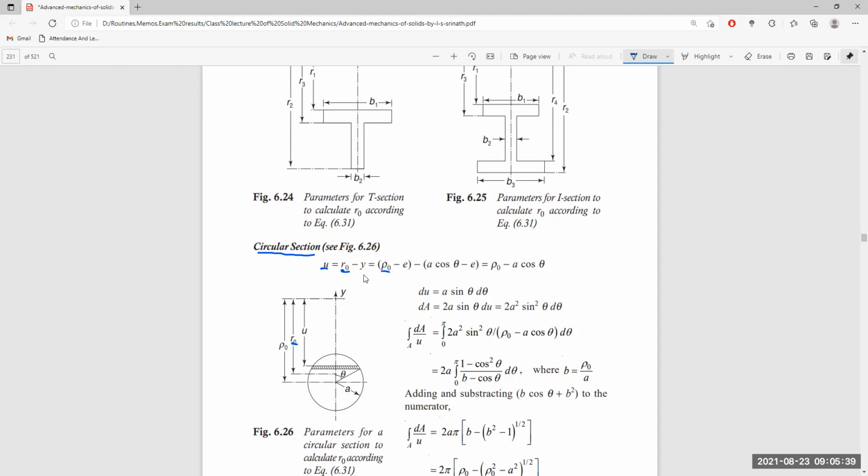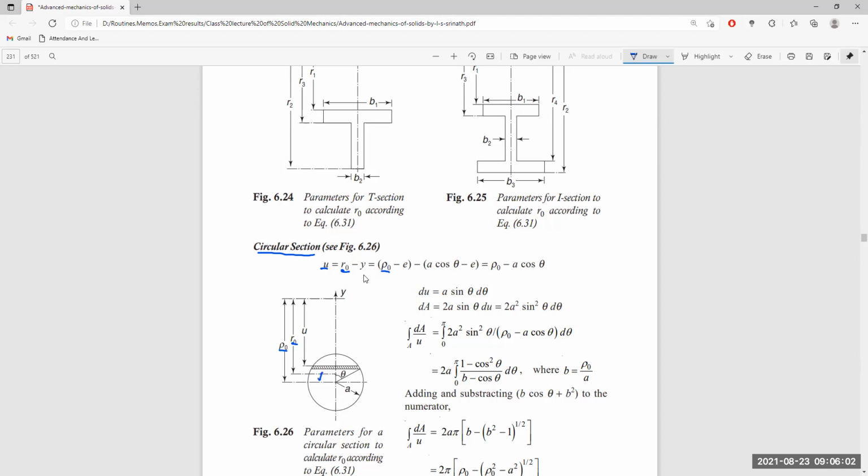What is rho 0? It is the distance of the central axis from the point of the center of gyration itself. Rho 0 minus e is the difference between the distance of the neutral axis to the centroidal axis itself.